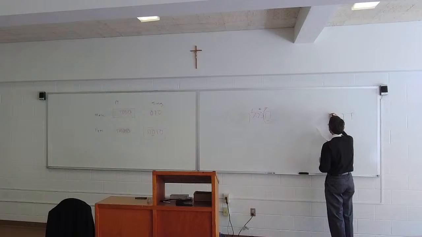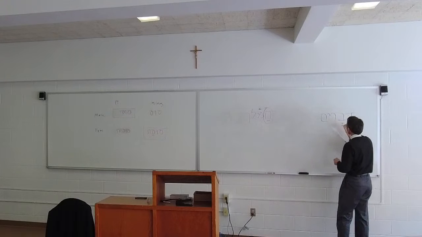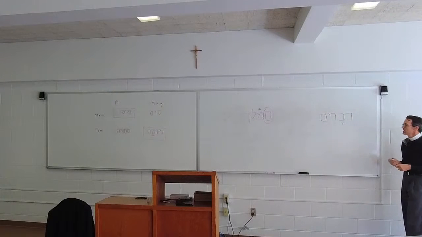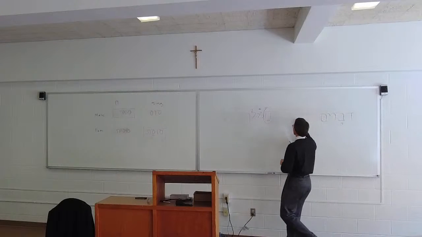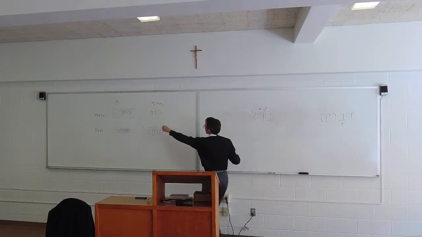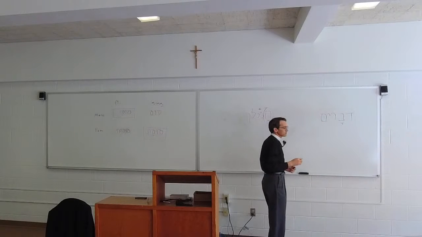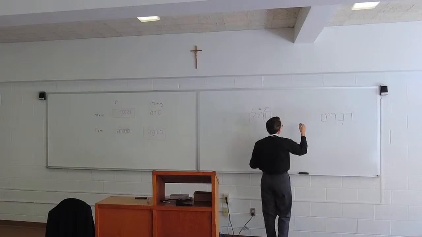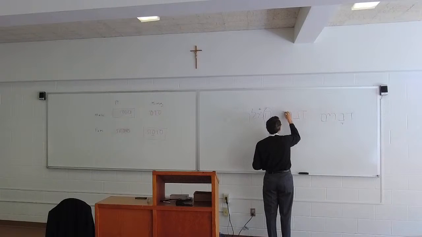But we would, for example, I think this is the example I used last time. Words, masculine plural, devarim. This is devarim. But if I attach this, I have to use this form to make it a construct. I have to use the masculine plural of the construct. Now this is no longer accented.